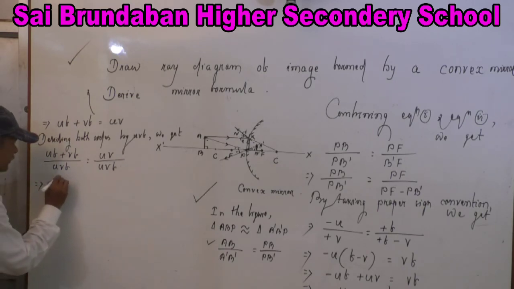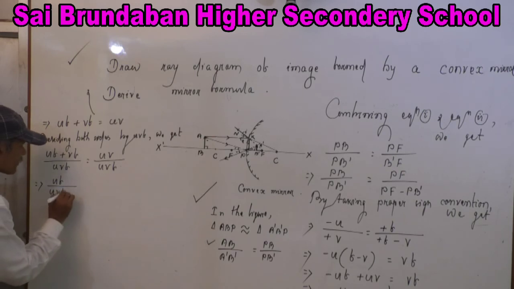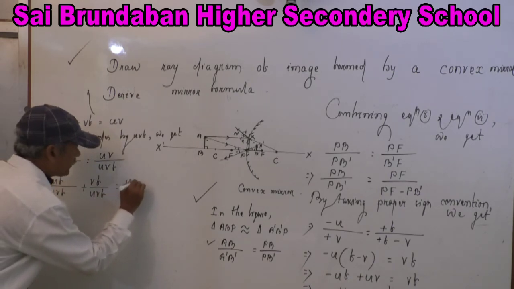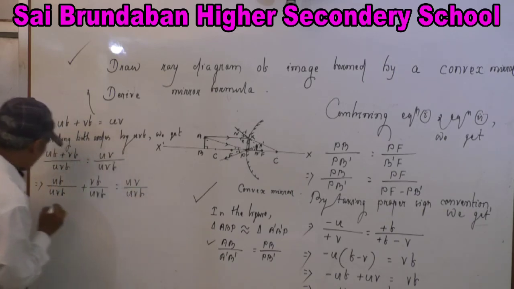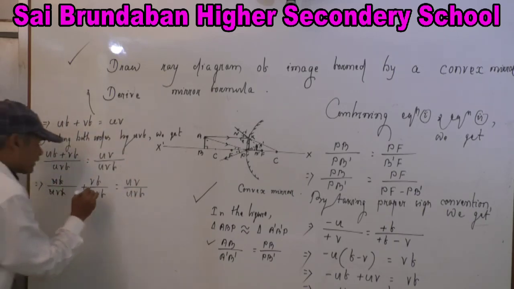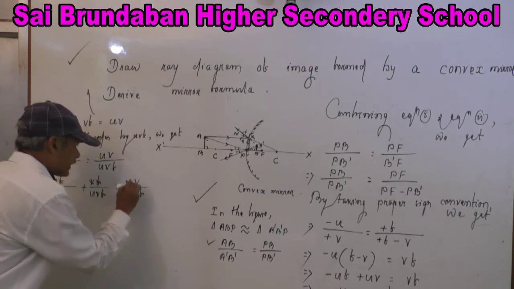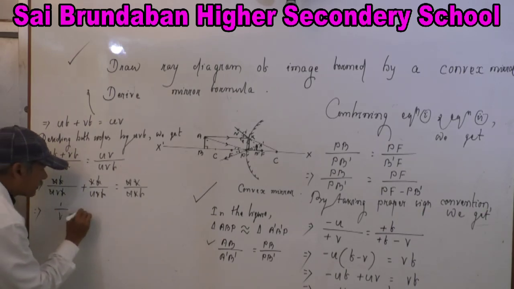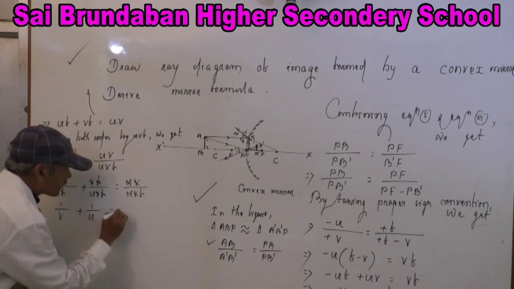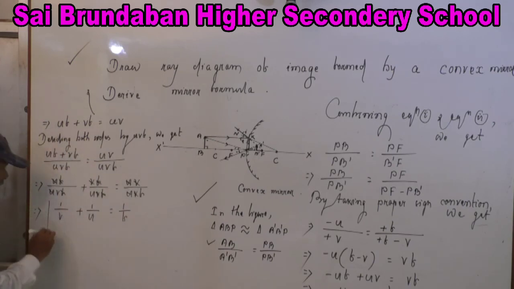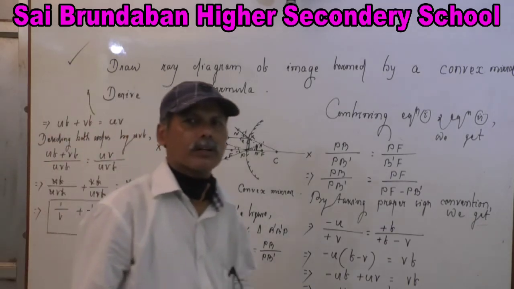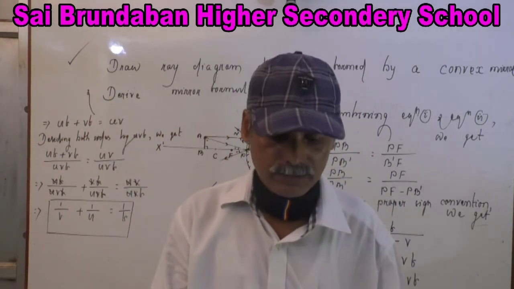This implies uf by uvf plus vf by uvf is equal to uv by uvf. u cancels, f cancels; here v cancels, f cancels; here u cancels, v cancels. 1 by v plus 1 by u is equal to 1 by f, which is the required equation, the required mirror formula. Okay? All the best.